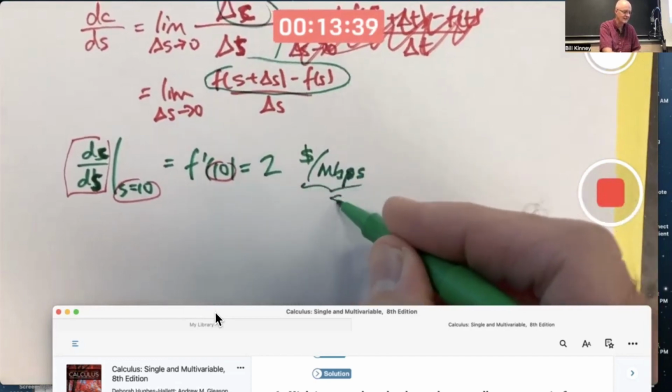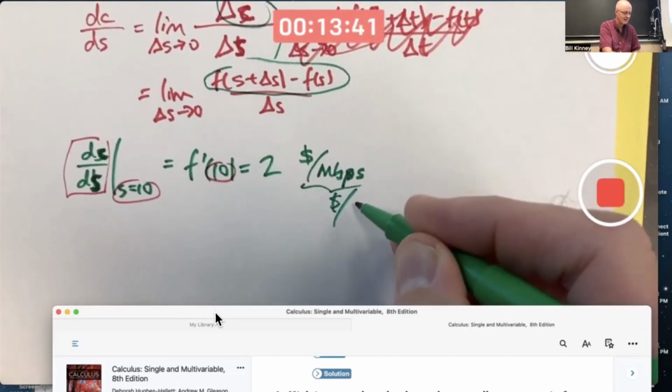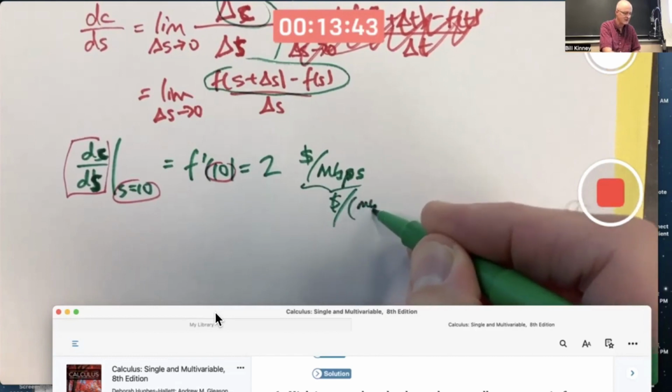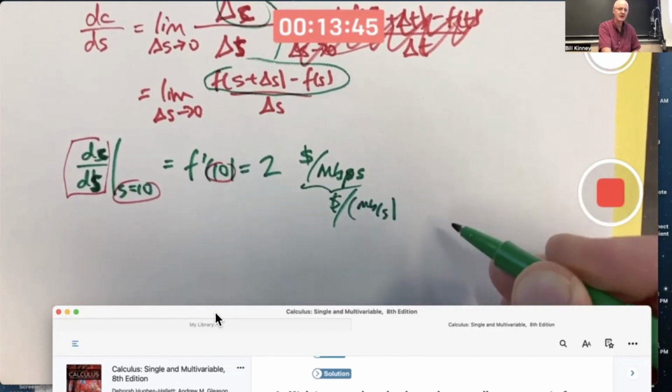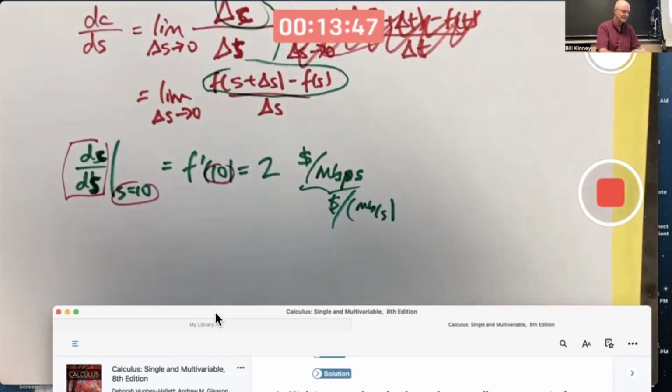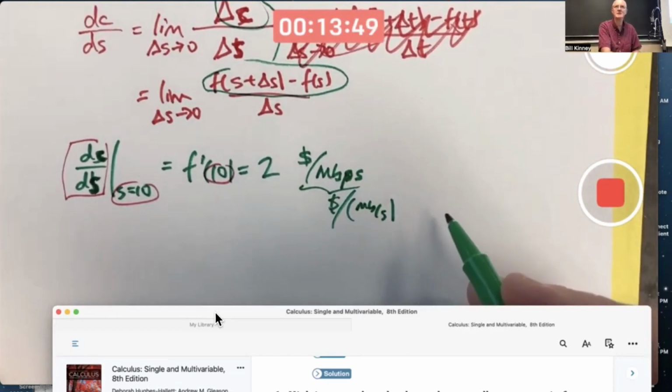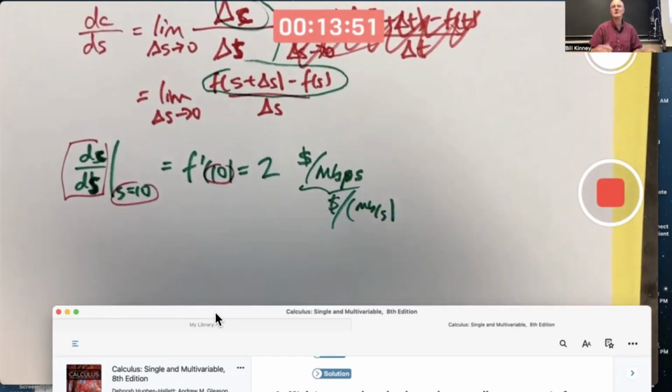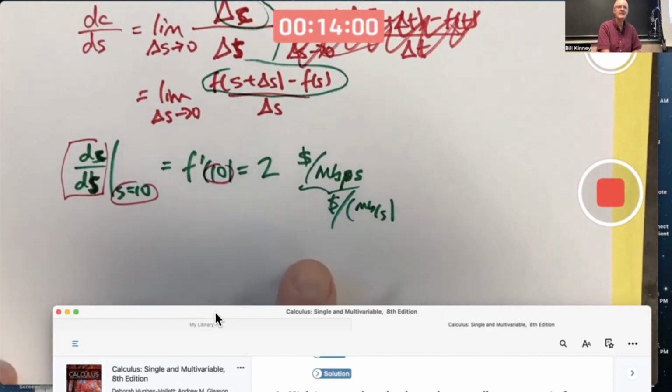I also could write this as dollars per, and maybe use parentheses, megabyte per second. And you might think, could I simplify those units to like seconds times dollars over megabytes? Well, you could, but that's not very pleasant. Not very intuitive. So it's better to leave it like this. That helps you interpret it.